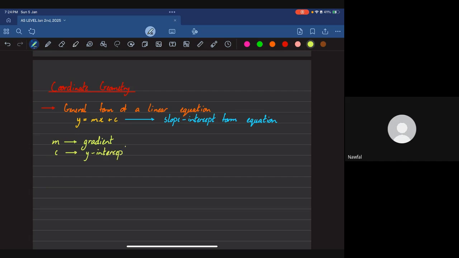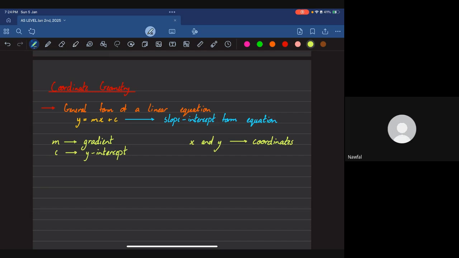And we also know that your x and y are coordinates. So what's going to happen now? Your x and y are coordinates, your m is your gradient, your c is your y-intercept. That is perfectly all right. Everything is there.